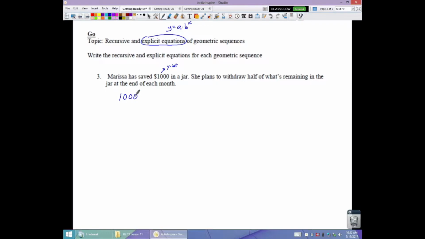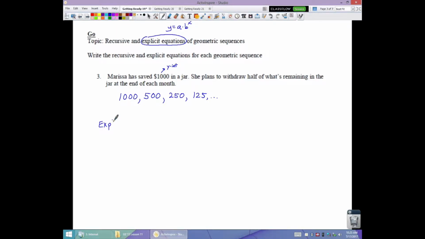So in the beginning, she had $1,000. If she takes out half of that, that means she's left with 500. If she takes out half of the 500, then she's left with 250. Half of that, she would be left with 125, and so on. So we have a nice little geometric sequence started now. So we're ready to make our 2 equations.